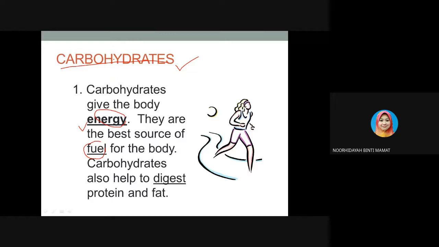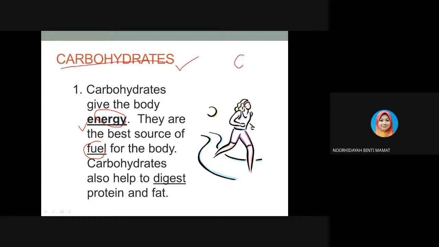All of those are organic molecules. Carbohydrates are one of the important organic molecules to our body. Organic molecules are any molecules that contain carbon. When a molecule contains carbon, we call it an organic molecule.